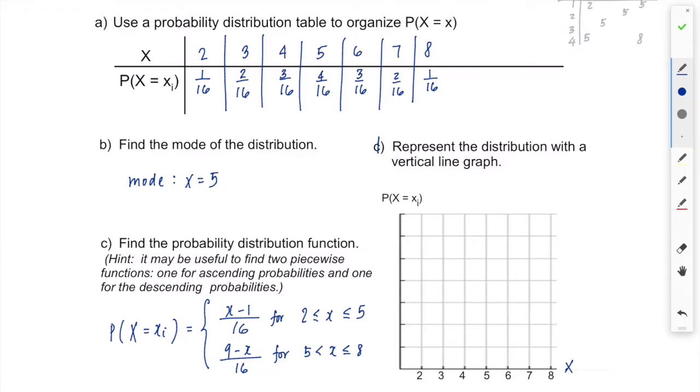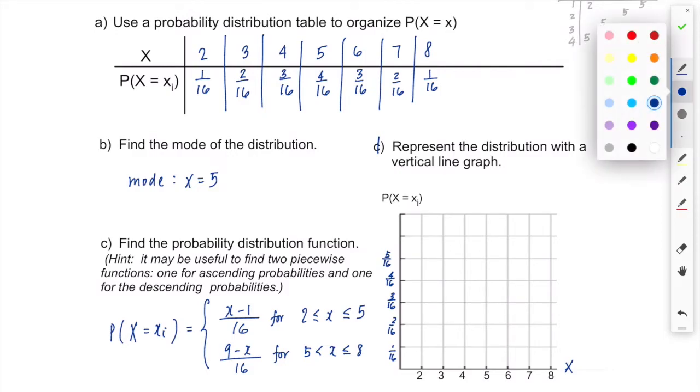And we can go from 1 over 16, 2 over 16, 3 over 16, 4 over 16, 5 out of 16. Oh, we don't really need that, but that's all right. So that's our y-axis.